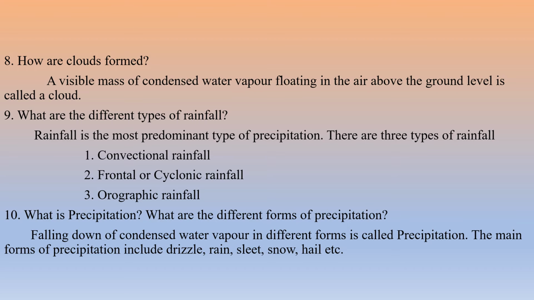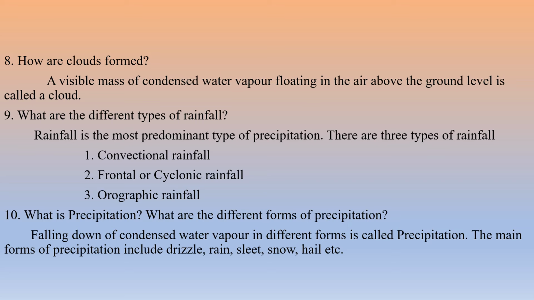Precipitation is the geographical name of rainfall, and it is divided into three types. Convectional, what does that mean? The natural process. After the evaporation, the clouds will be forming, and finally daily in the evening it will be raining. That is called convectional rainfall, the normal process.